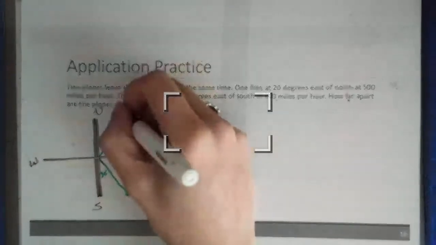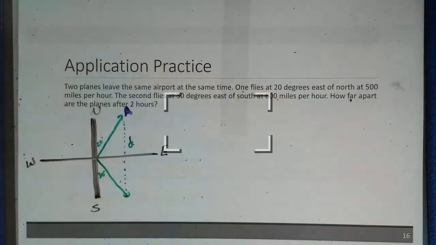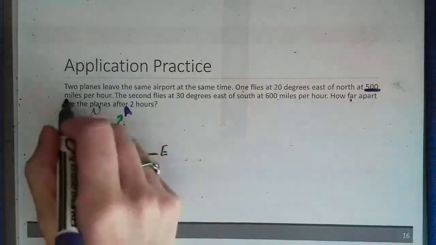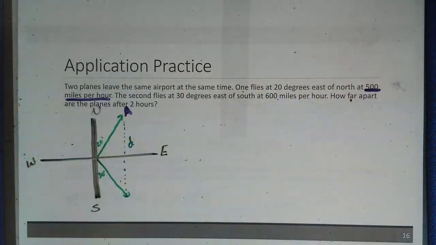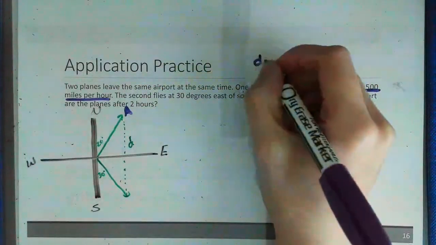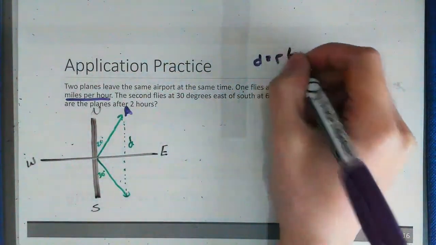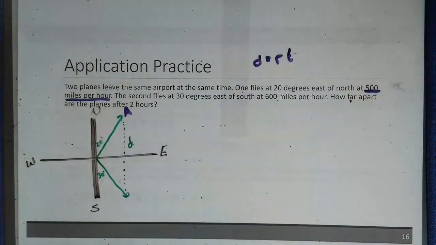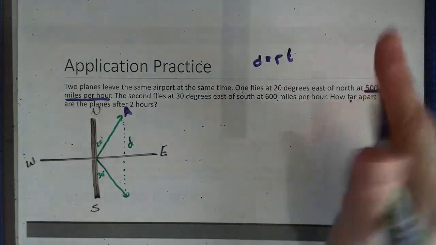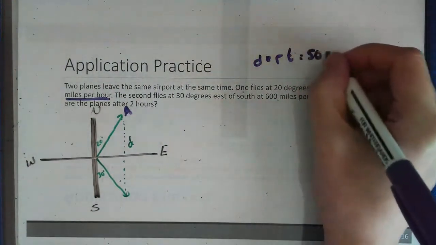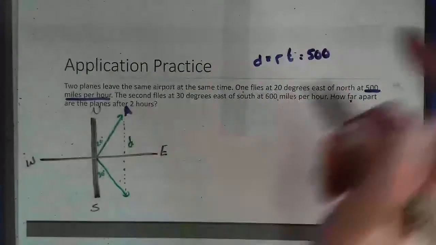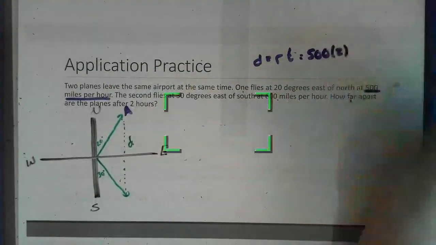I'm going to call this plane A, just so I have something to call it. Plane A is flying at 500 miles per hour. Keep in mind, distance equals rate times time. It's flying at a rate of 500 miles per hour, and it's flying for 2 hours.